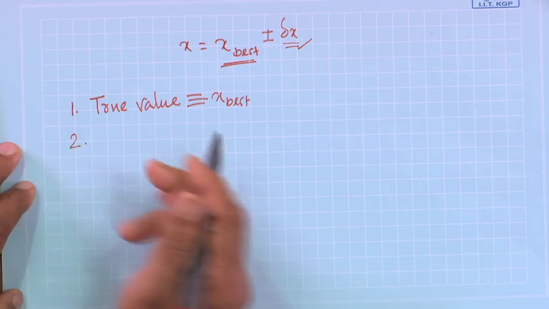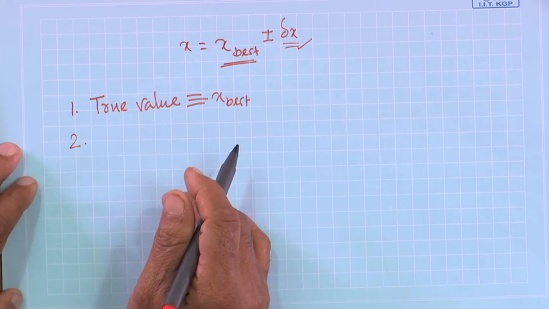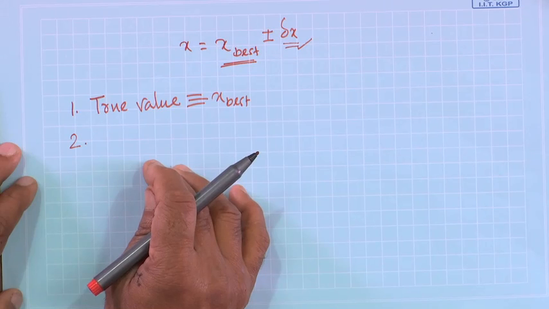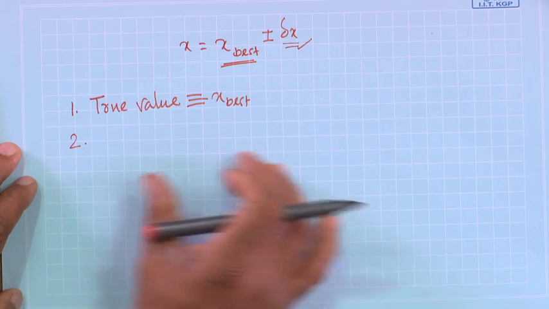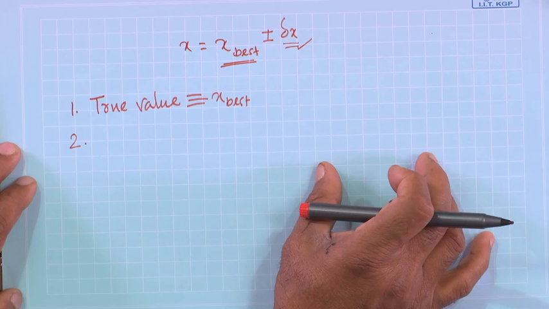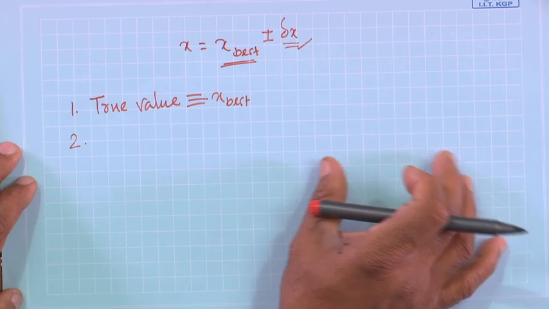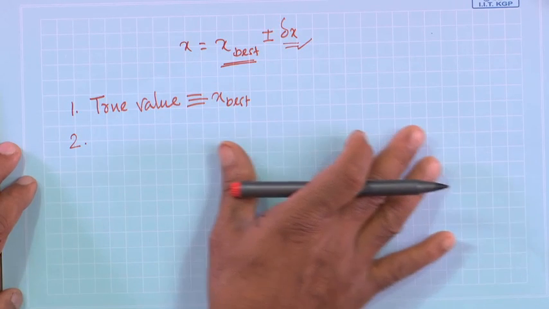So, this way we compare, but if a true value is not available for some parameter, then the second way we try to get confidence is that we compare this result with other experimental results. Somebody has done this measurement and reported the result.